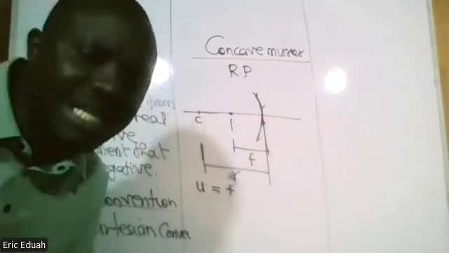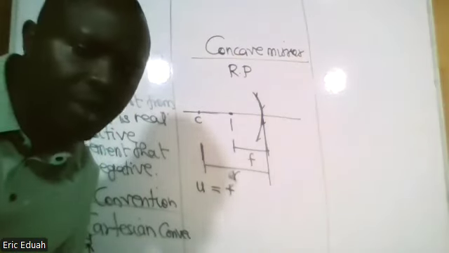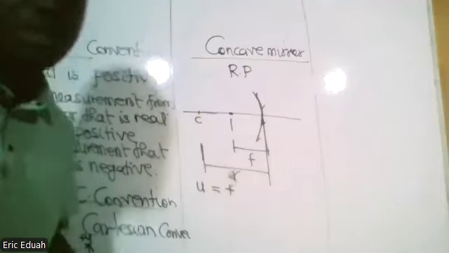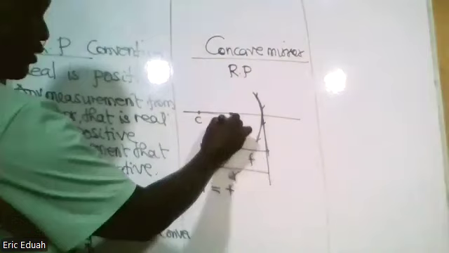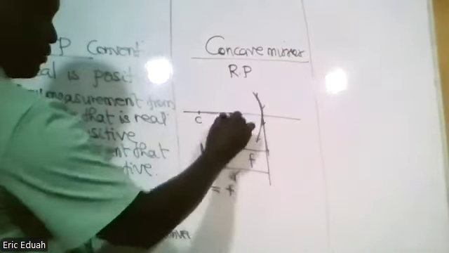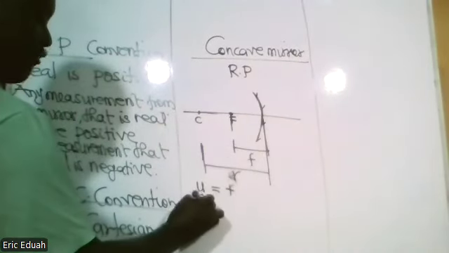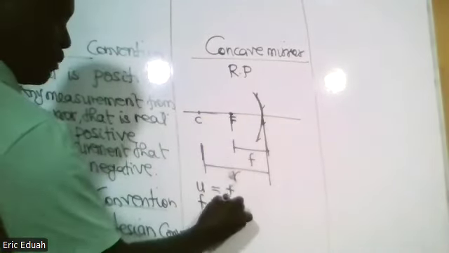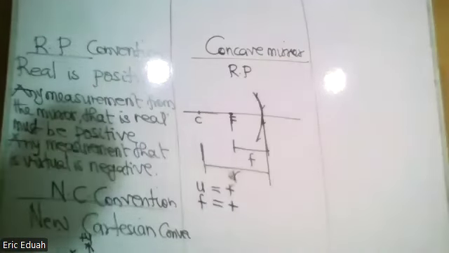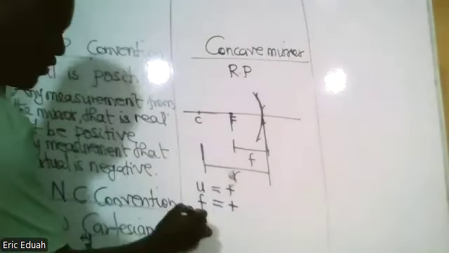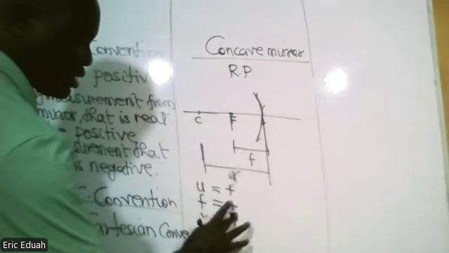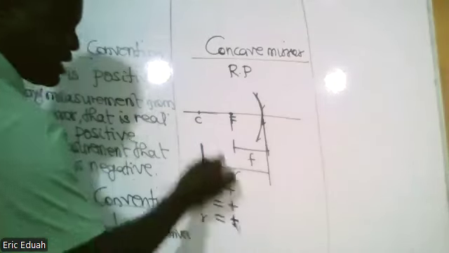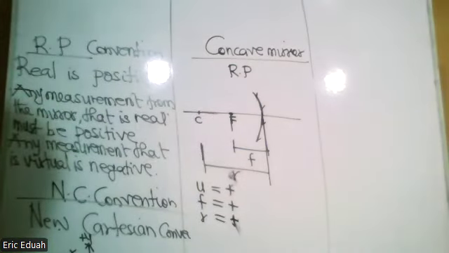So objects are always real, so object distance U is always positive. Because it has a real principal focus, focal length F is positive. Radius R is also positive because paraxial rays actually will pass here.